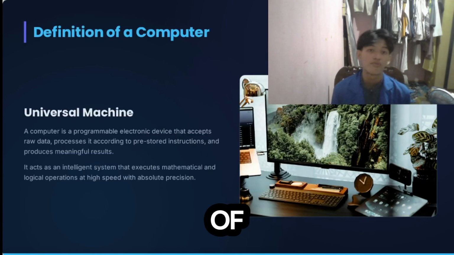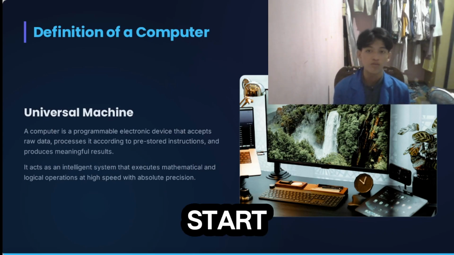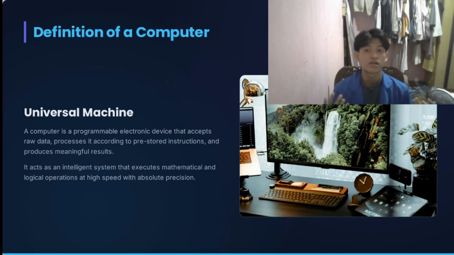Definition of a computer. Let's start with what is a computer. Basically, a computer is a programmable electronic device.